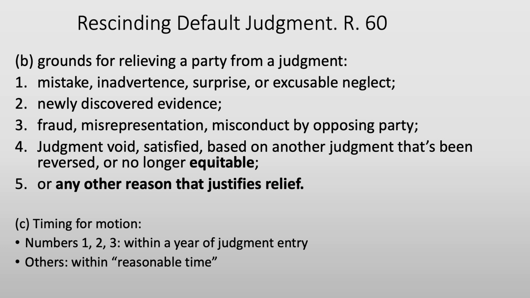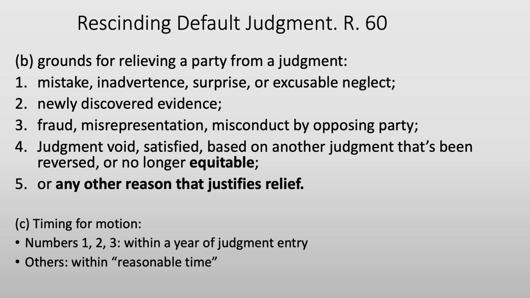But aside from those sorts of situations, there's lots and lots of reasons why a court might revoke default judgment under Rule 60, including a mistake or an excuse, so some sort of understandable situation that's maybe beyond the defendant's control, newly discovered evidence, various misbehavior on the part of the plaintiff.